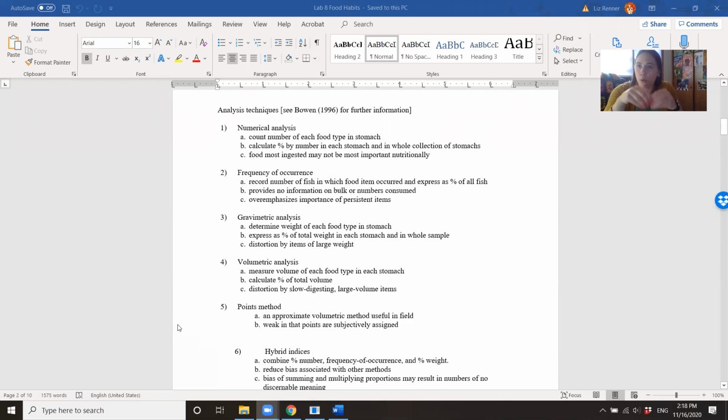However many points or grids a particular sample of stomach matter covers, you can represent that as X number of points for one fish versus X number of points of crayfish for a different fish of the same species. So it's a really loose way to get at volume, because it's like areal volume.